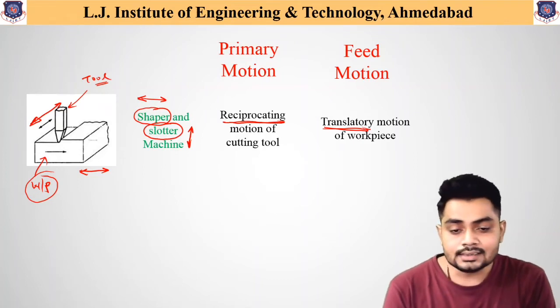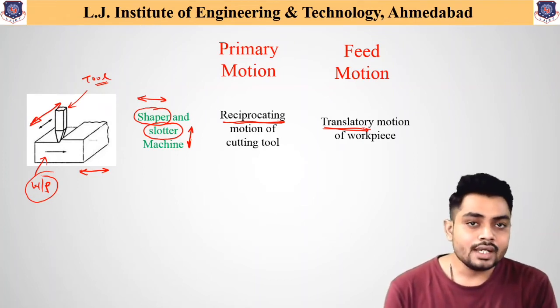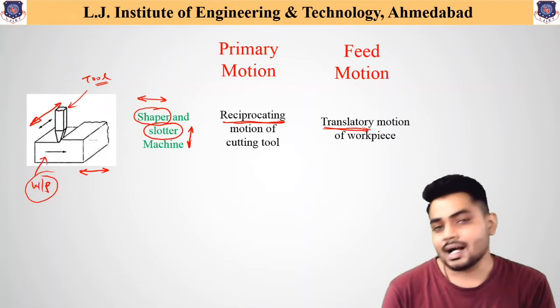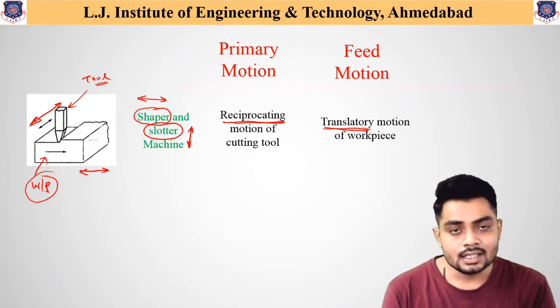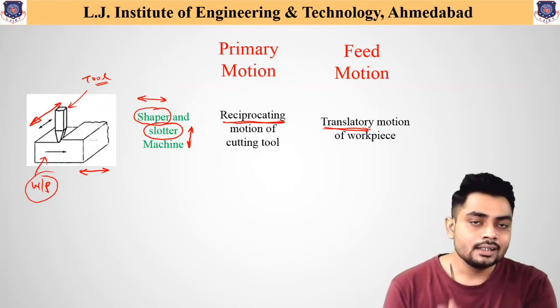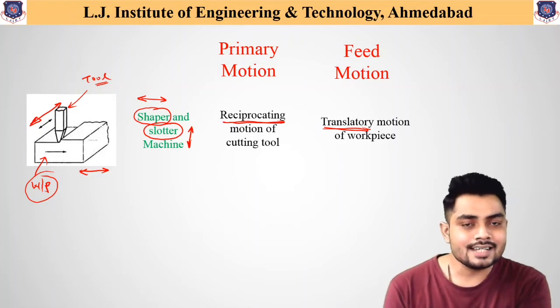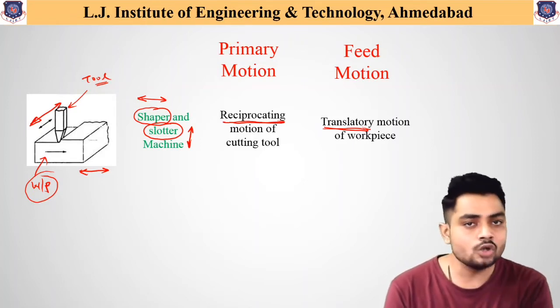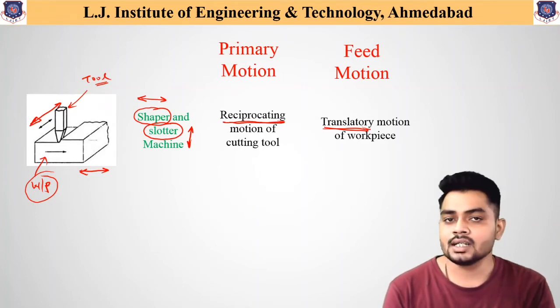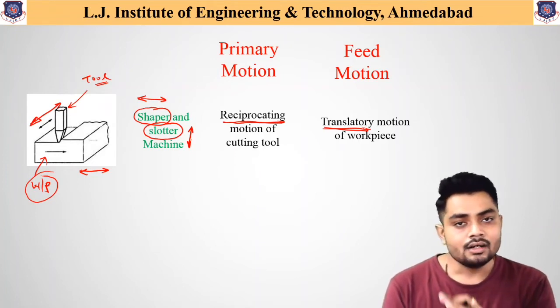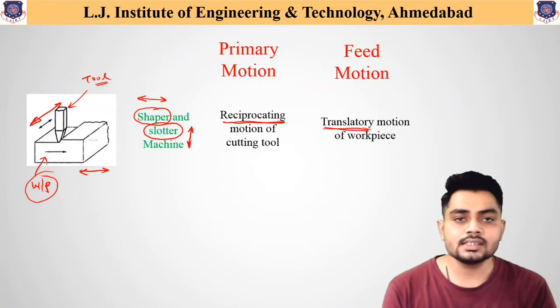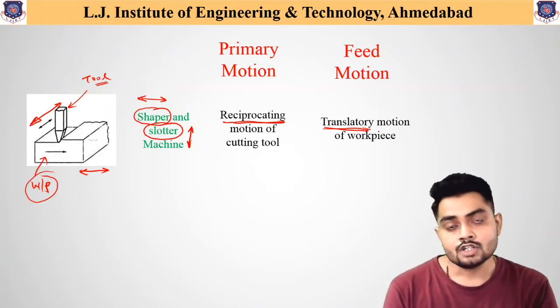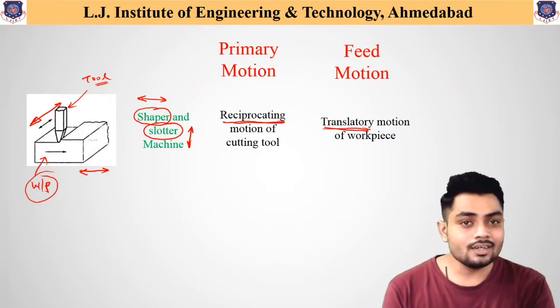Now up to now we have discussed the major important parts, that is, how to obtain these particular machineries and what are the main important motions required, that may be auxiliary and that may be primary. But with the help of these different machine tools, we are doing certain machining operations. So now, what is the meaning of machining?